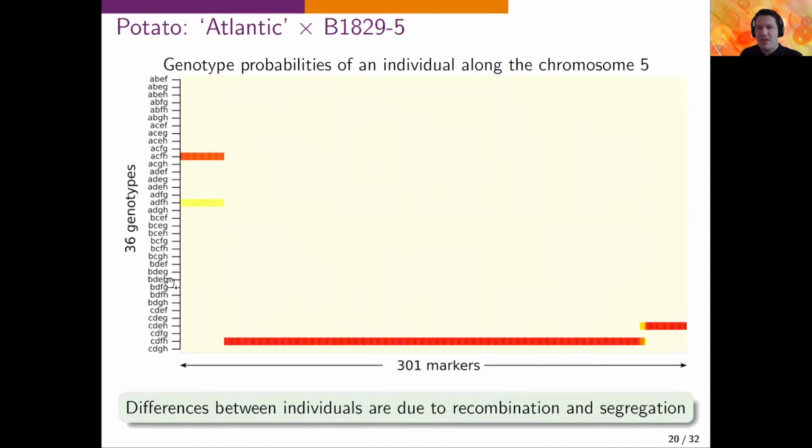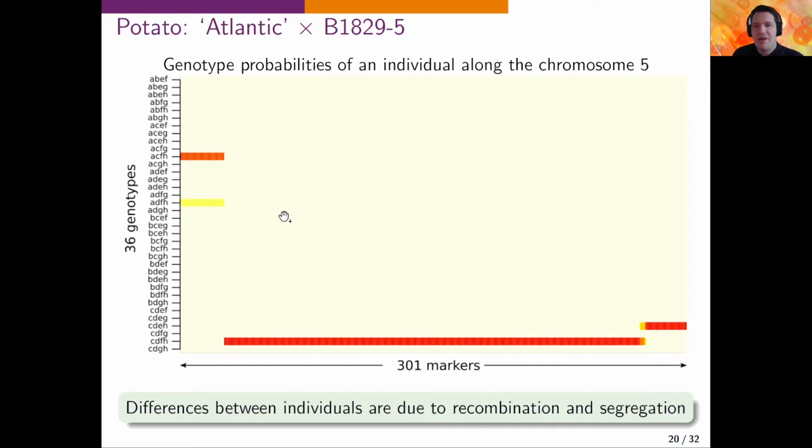Another way of looking at these probabilities is across the linkage group for a single individual, right? Here we can see the exact points where the recombination events happen. And the differences between individuals, again, will come through recombination and segregation, right? So every individual will have a different profile of genotype probability.